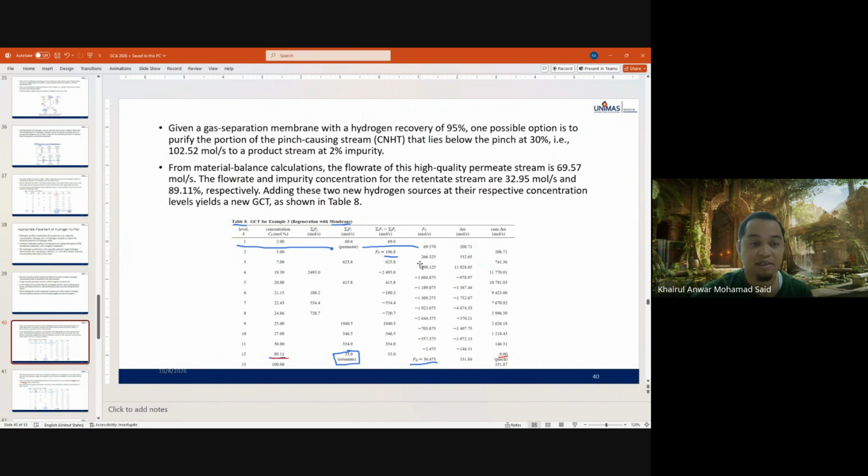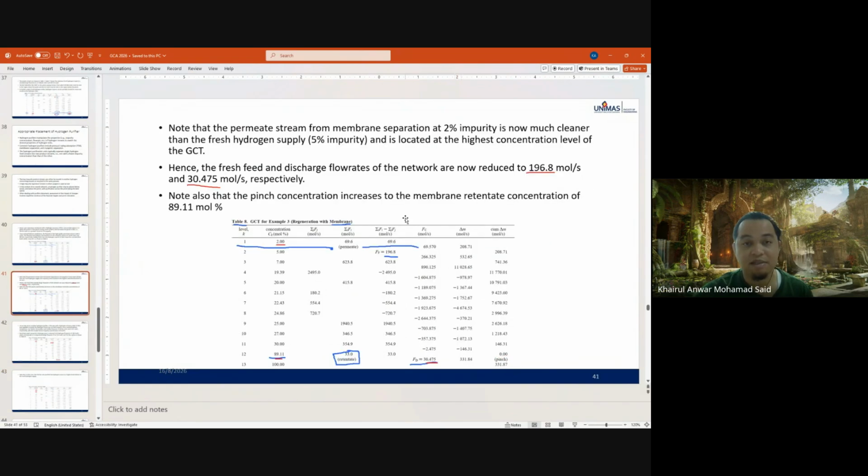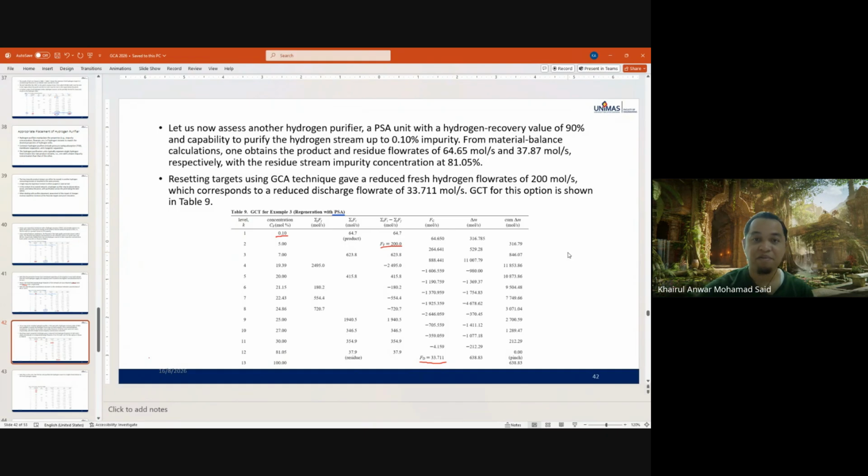Next is the purification using pressure swing adsorption. This is another method. The recovery value is 90%, with the quality of purified hydrogen up to 0.1% impurities, which is much more impressive than the membrane filtration.